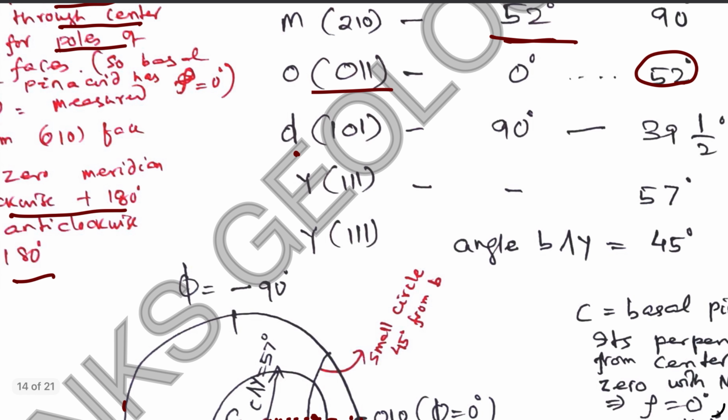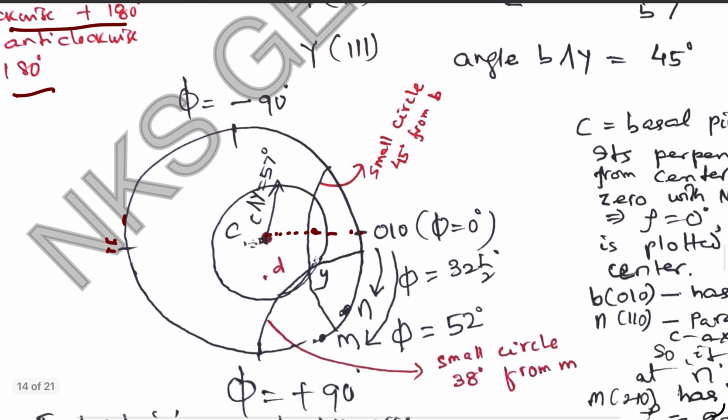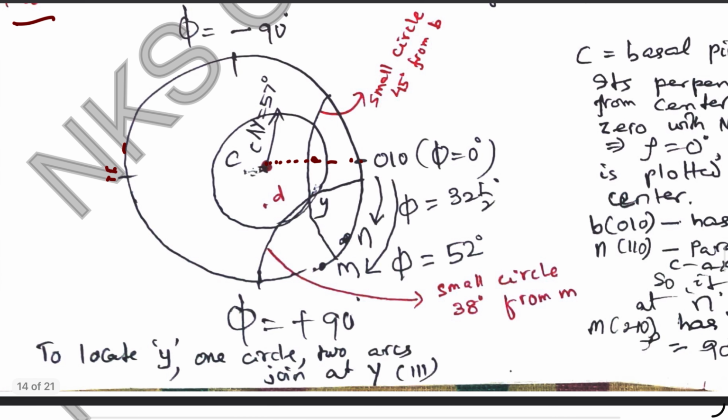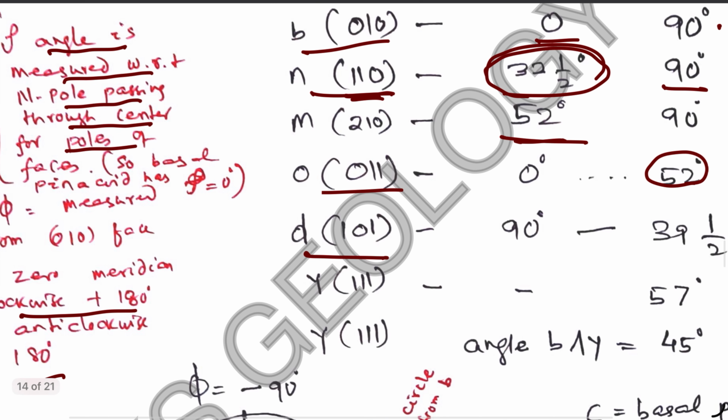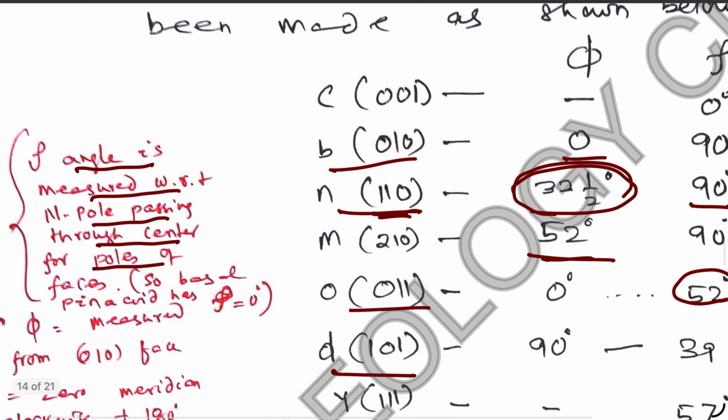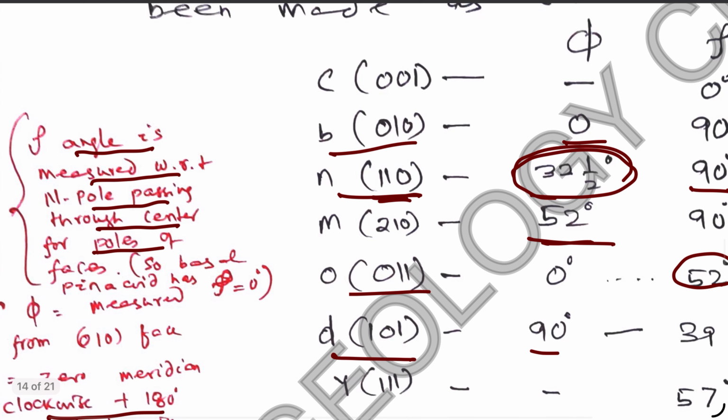If we take into account D, 101, this D face is having phi 90.